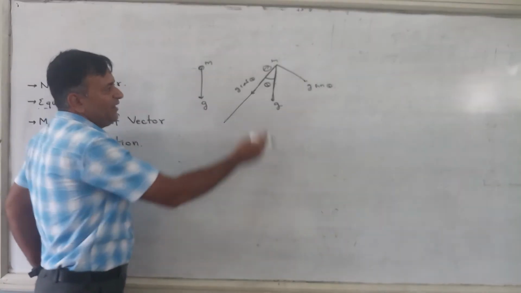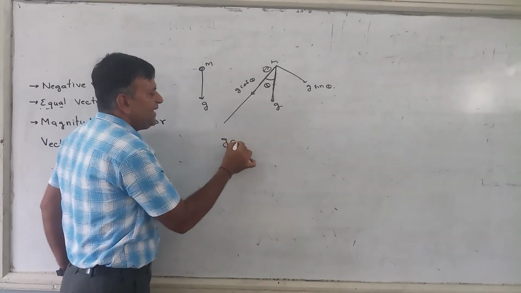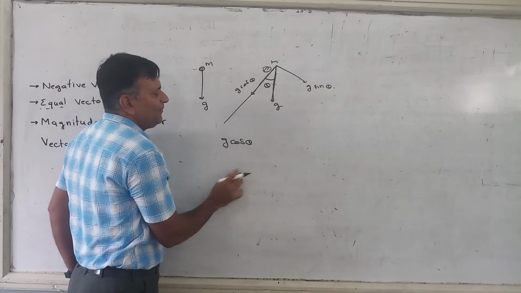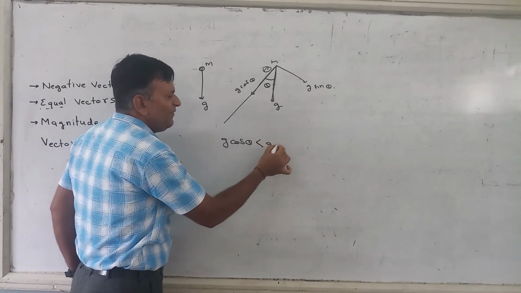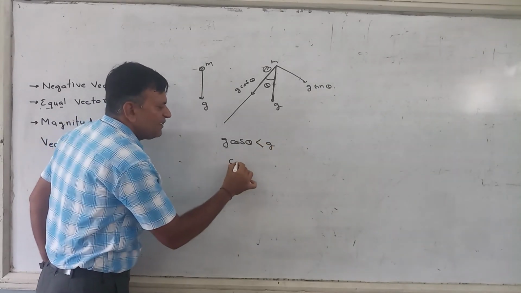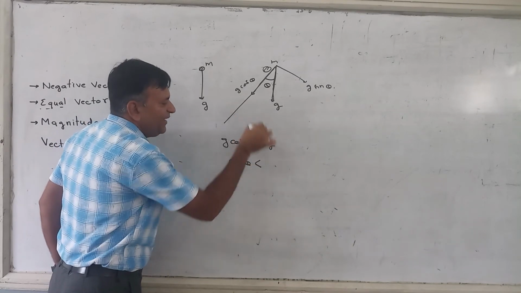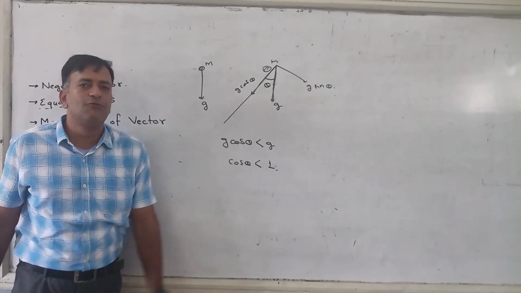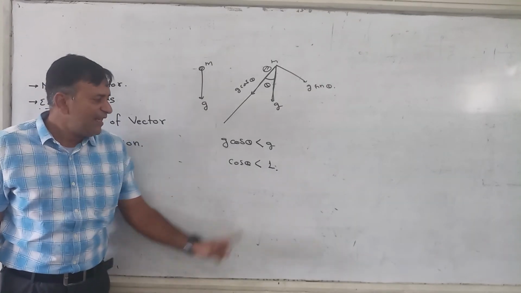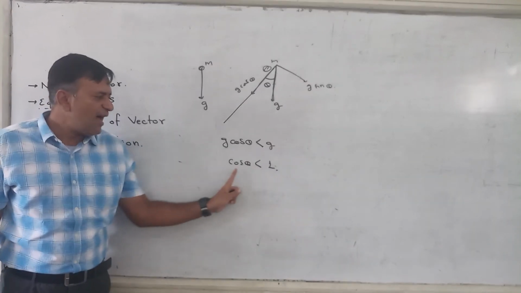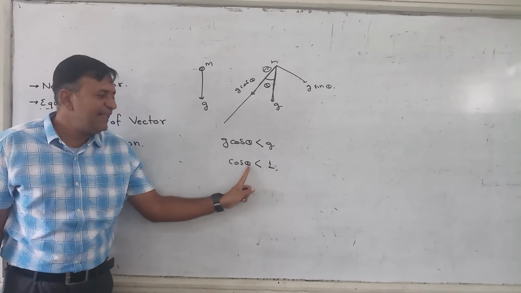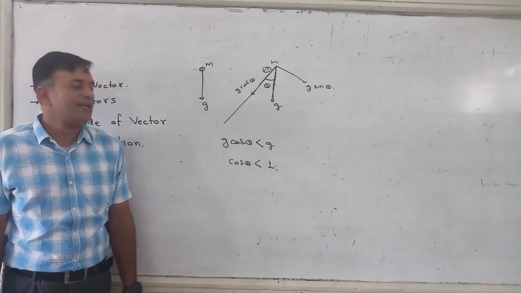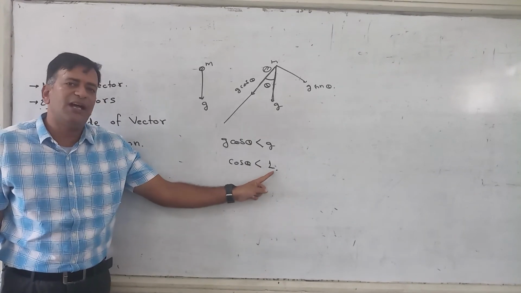Okay, now obviously g cos theta will be less than the value of g because cos theta will be less than 1. What is the maximum value of cos theta? Equal to 1. At what angle? When theta equals 0, cos theta equals 1. But here theta is not equal to 0. That means the value of cos theta will be less than 1.